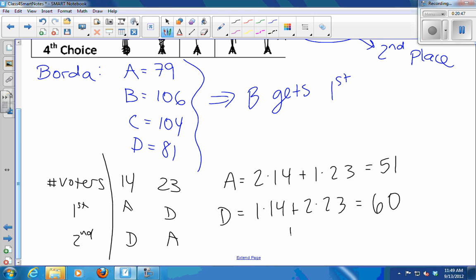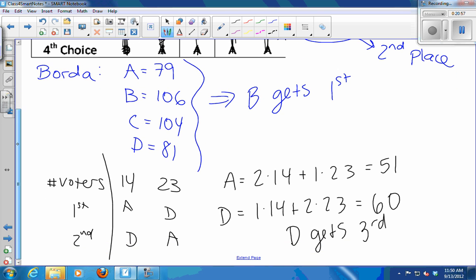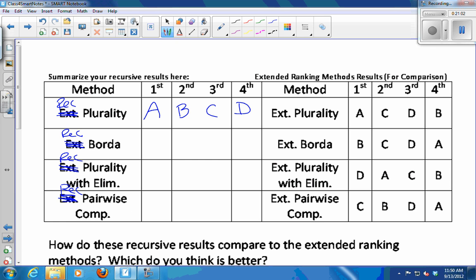So D gets third, and A will get last. So my results are B, C, D, A. Everybody come up with B, C, D, A? All right, very good.